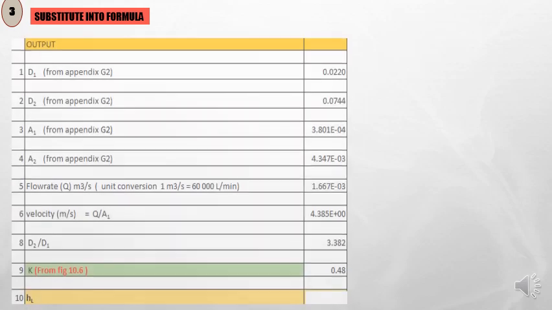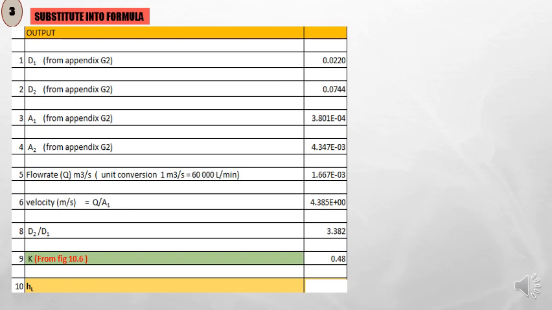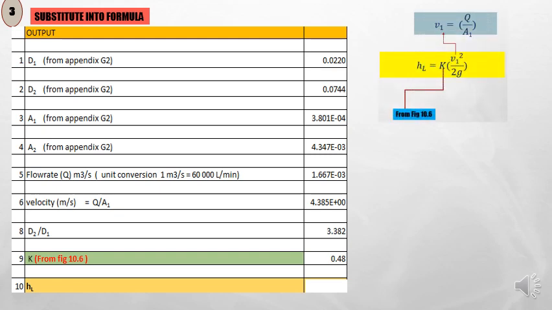In the previous step, we already listed down all the info and sketched the formula. Now we just have to substitute the info that we got into the formula in order to get the answer. Basically this is the output, and I just show again the layout of the formula.